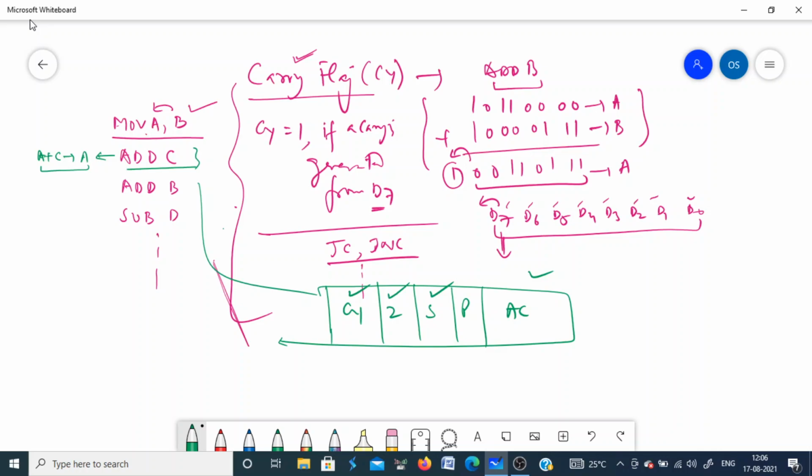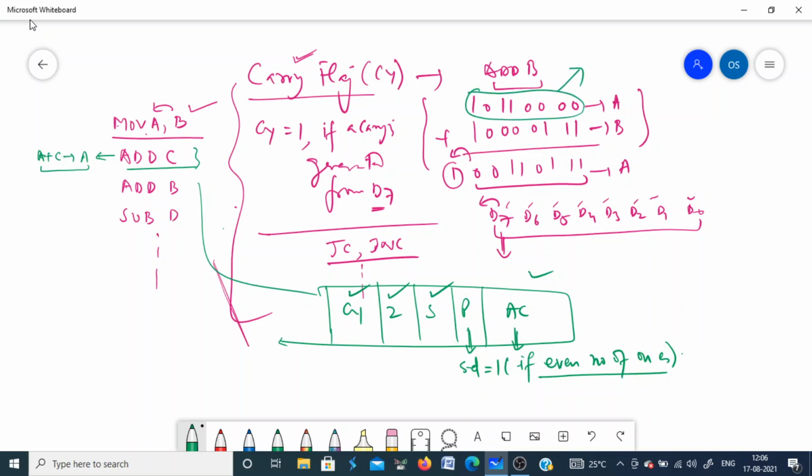Similarly, there are 2 flags, one is parity and one is called auxiliary carry. The parity flag is set to 1 if the result has an even number of ones. Suppose this is the result in the accumulator.